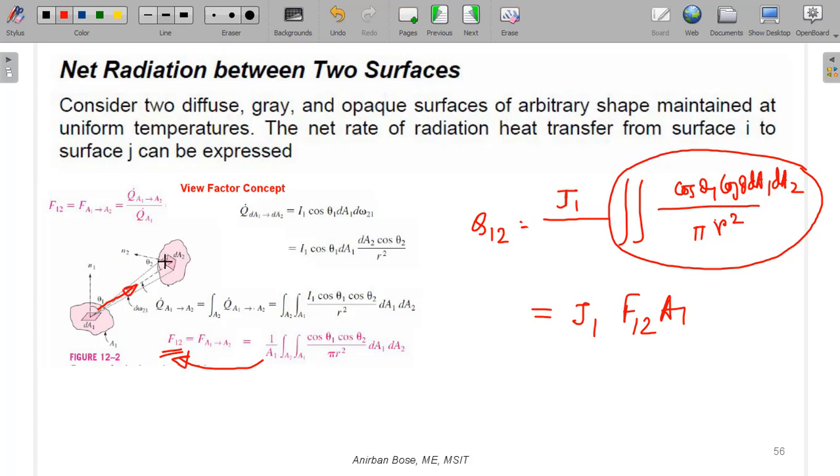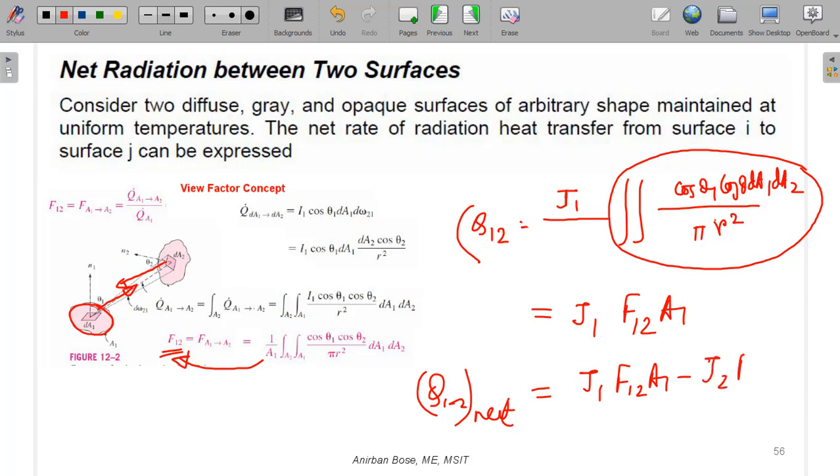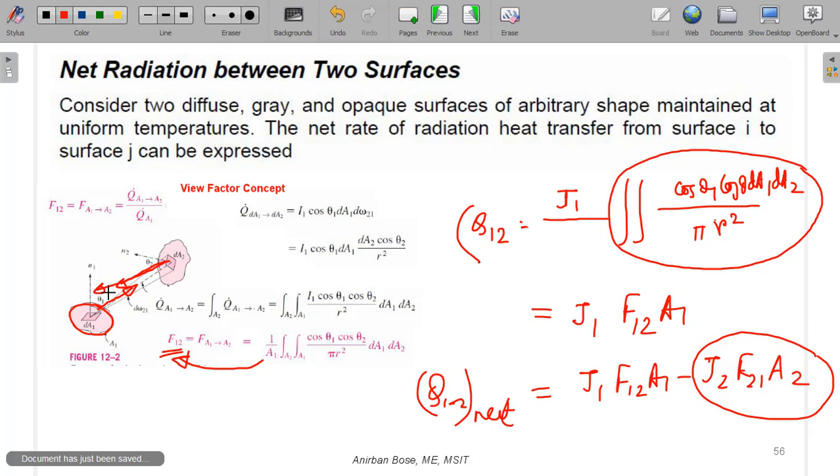Similarly, how much is streaming out of 2 and will strike 1. If we can find that, then the net from 1 to 2, q12 net, will be J1 F12 A1 minus J2 F21 A2, because J2 F21 A2 is what is streaming out of 2 and strikes 1.